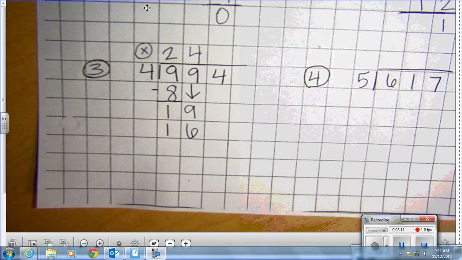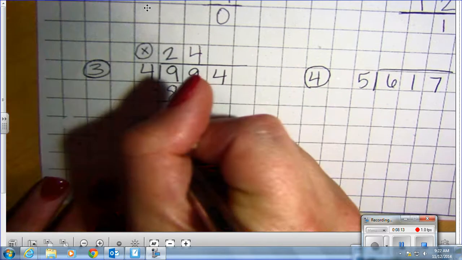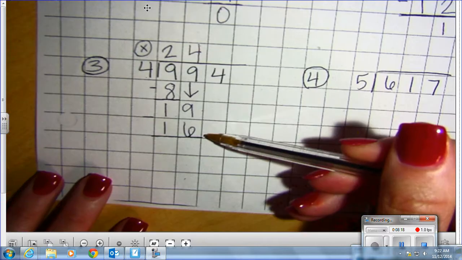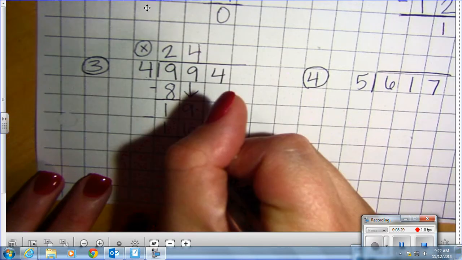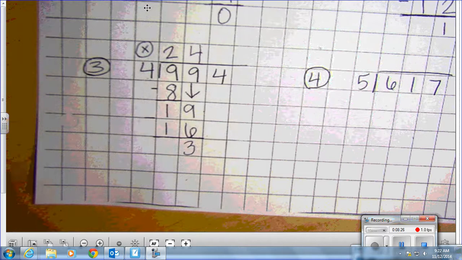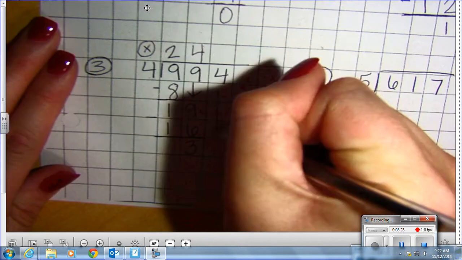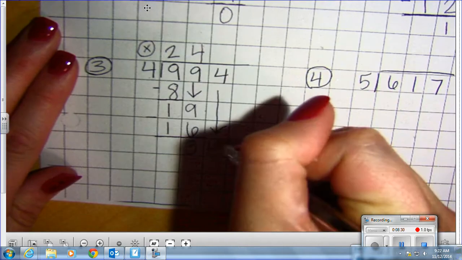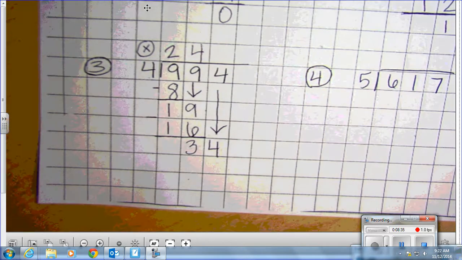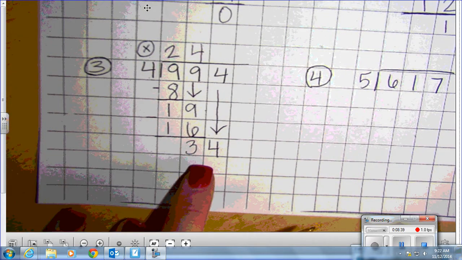Now I subtract. 9 minus 6 gives me? Divide, multiply, subtract, bring down. My new number is 34.